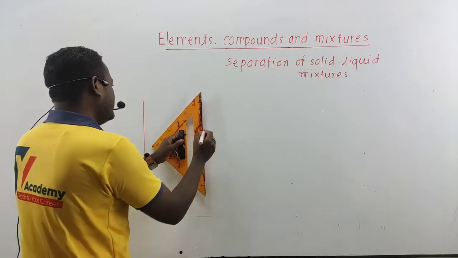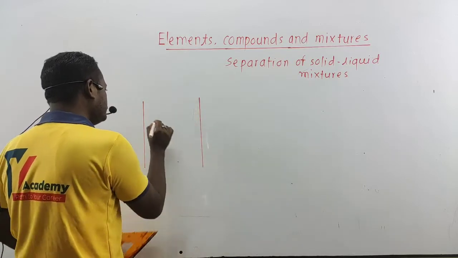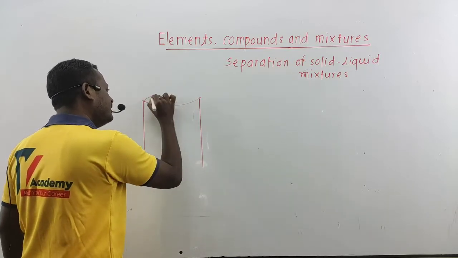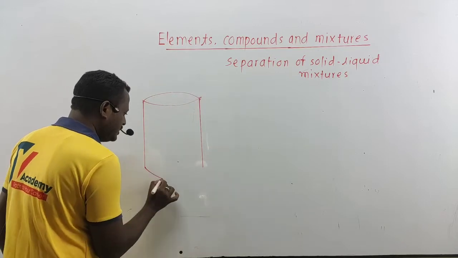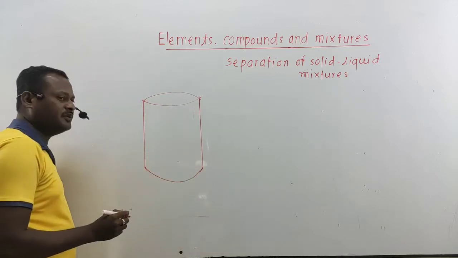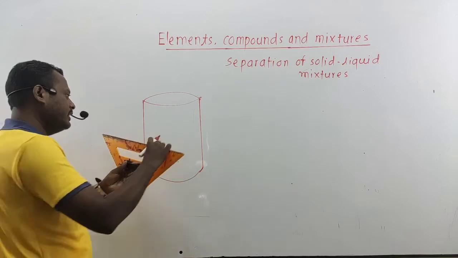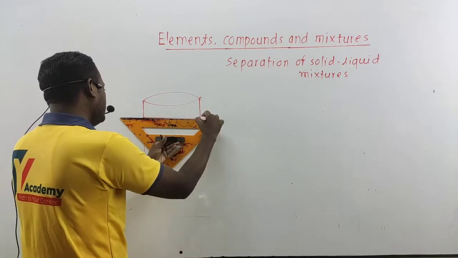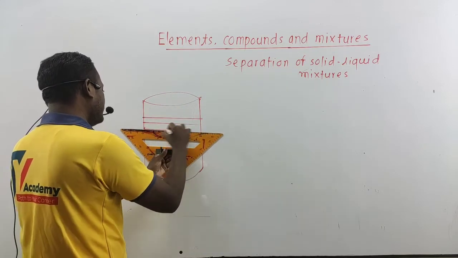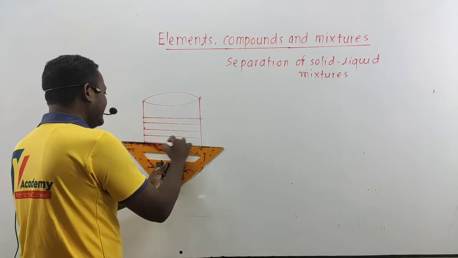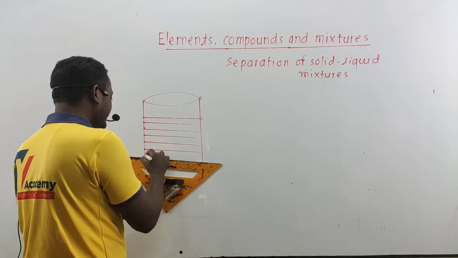So suppose this is a container in which there is a mixture of solid and liquid. Okay, suppose there is water, and in that there are some impurities.